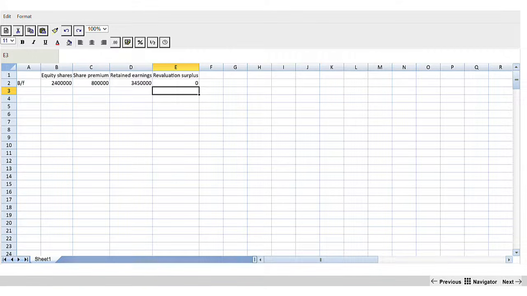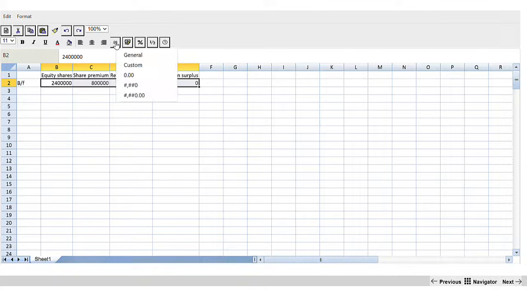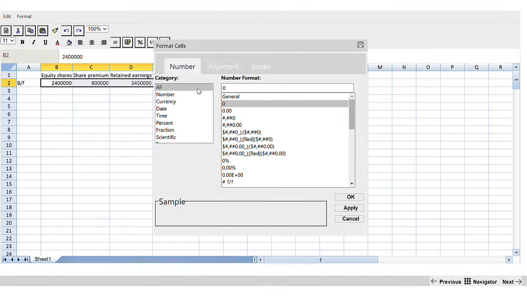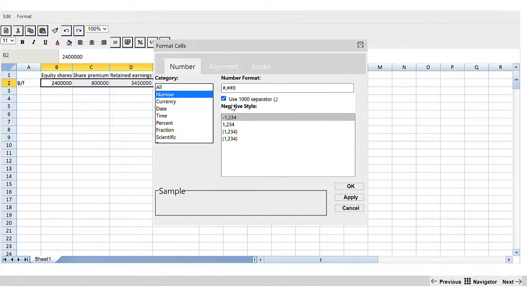Again, it's entirely up to you, but I find it easier to make sure that I have the right number of zeros. You don't want to be losing marks if you've got too few or too many zeros. So, and it's up to you, just highlight the cells and customize. We'll go with numbers.